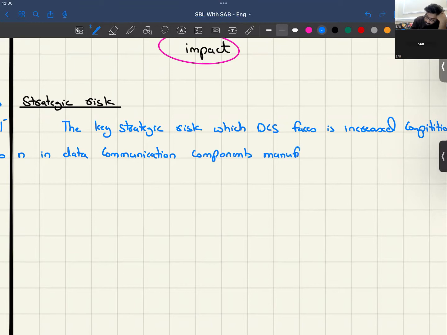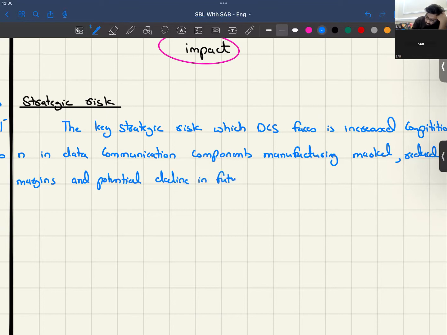That's your prime business market. Reduced margins and potential decline in future. So it's your strategic risk, right?